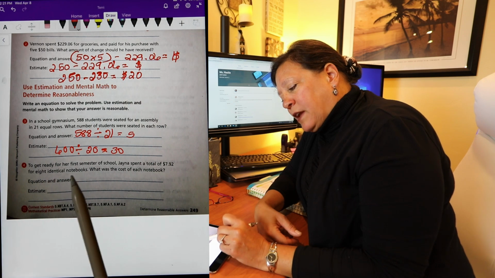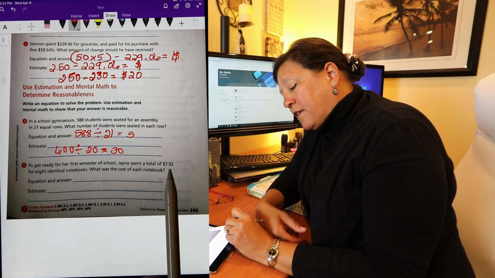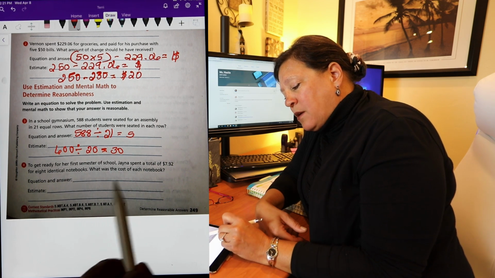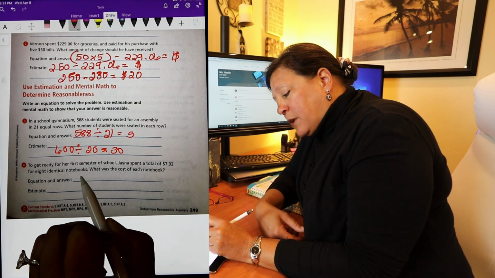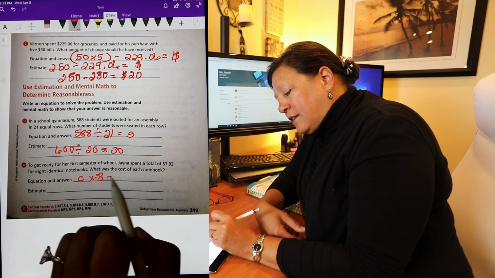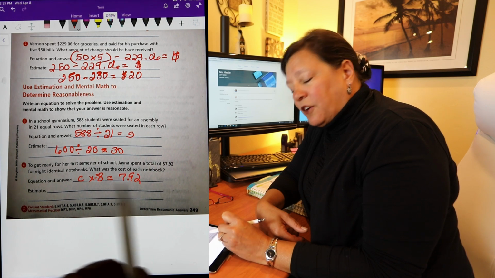Number 4: to get ready for her first semester of school, Jana spent a total of $7.92 for 8 identical notebooks. What was the cost of each notebook? So we have cost of each notebook times 8 is $7.92. That's our situation.